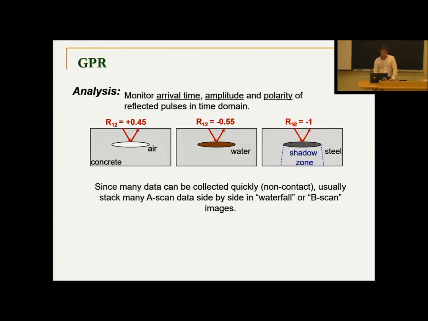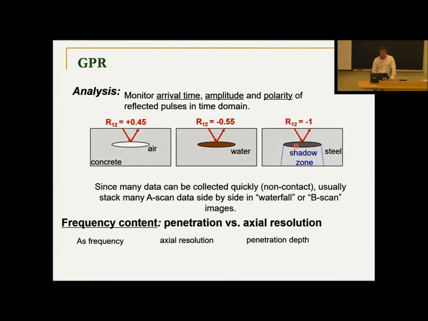But if it's metal, we get 100% of the energy coming back. And we also get what's called a phase change. The sense of the wave changes. So using the amplitude and the sense of the wave, we can determine what our reflector is. But the point I want to make here is that it's less sensitive to the presence of air-filled cracks than it is to the presence of metals.